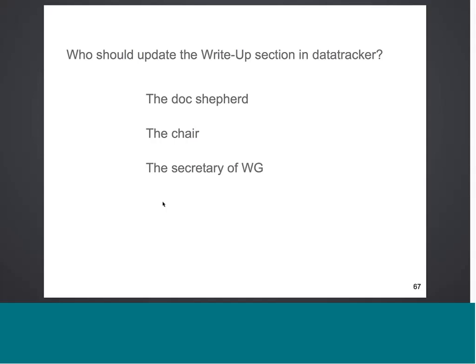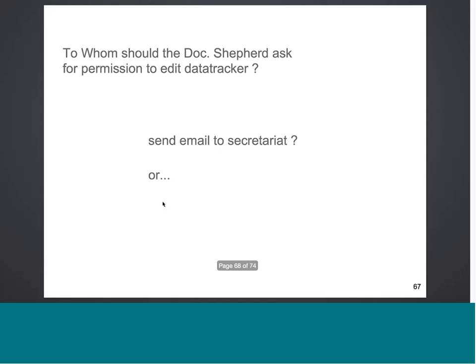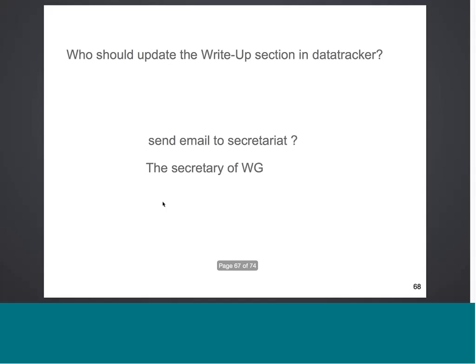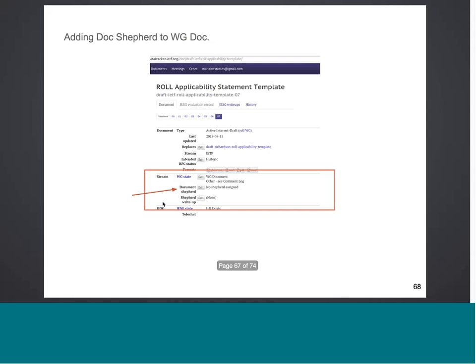And the only thing we got left is we had a section that the document shepherd asked for permission. Well, actually, if you have a login, and all working group chairs do, you can update the shepherd right here yourself. And I don't know if I'd make a shepherd get a tracker login just to do it.